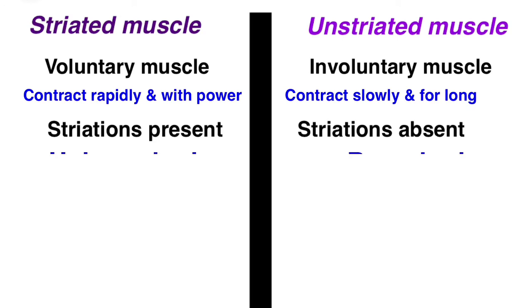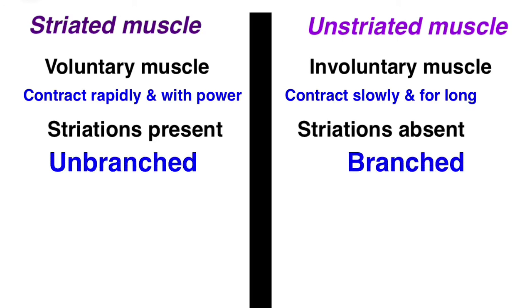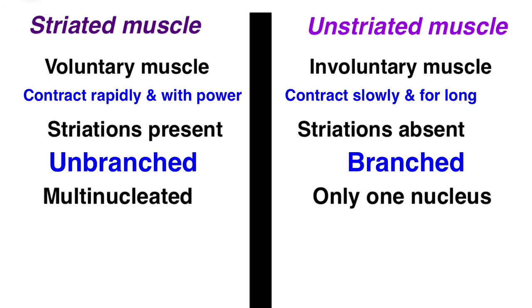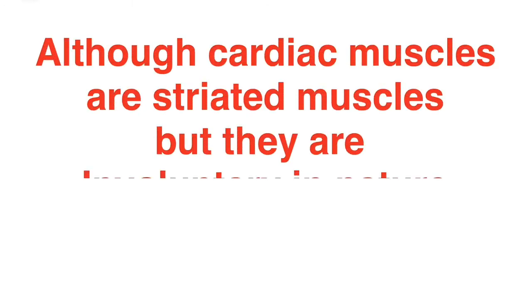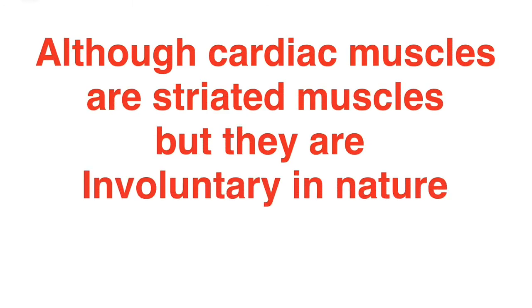Striated muscles are unbranched, whereas unstriated muscles are branched. In striated muscles, several nuclei are present, that is, they are multinucleated, whereas in unstriated muscle, only a single nucleus is present and that too in the center of the cell. Examples of the striated muscles are skeletal muscle, and the example of unstriated muscles are the involuntary muscles. Although cardiac muscles are striated muscles, they are involuntary in nature.